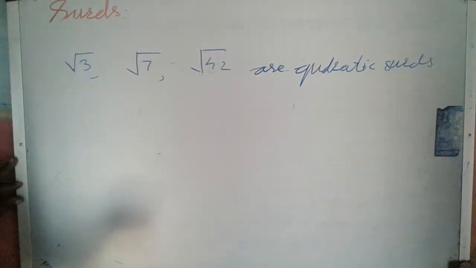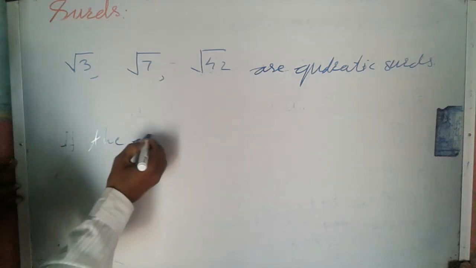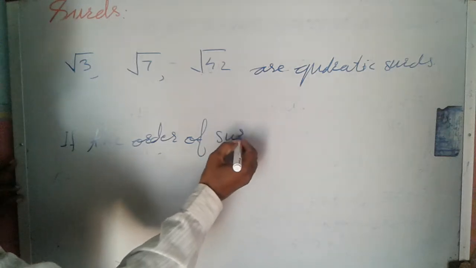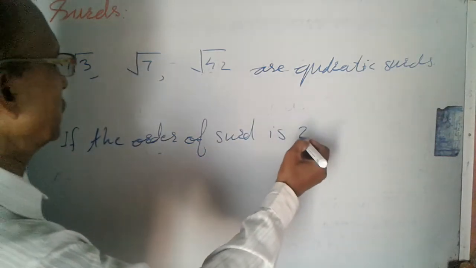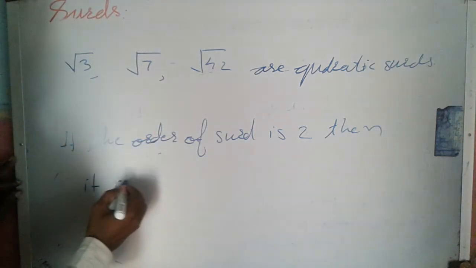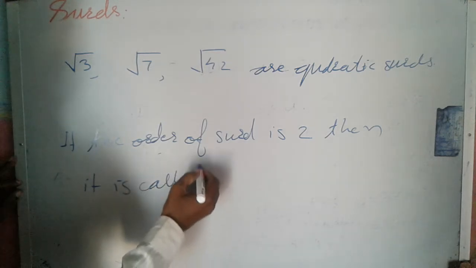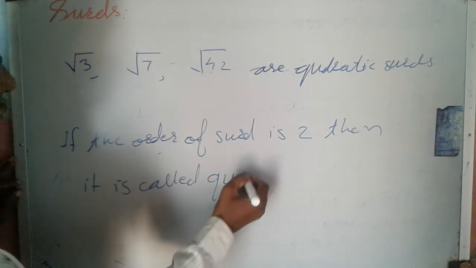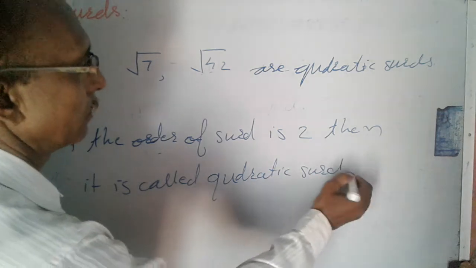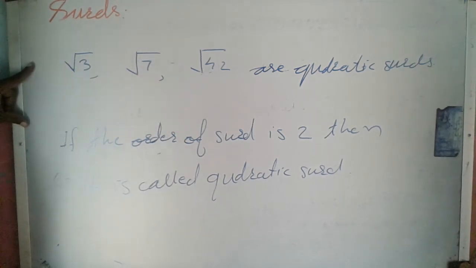That means if the order of a surd is 2, then it is called a quadratic surd. These are examples of quadratic surds.